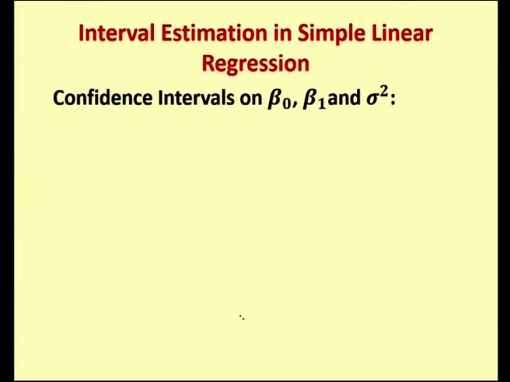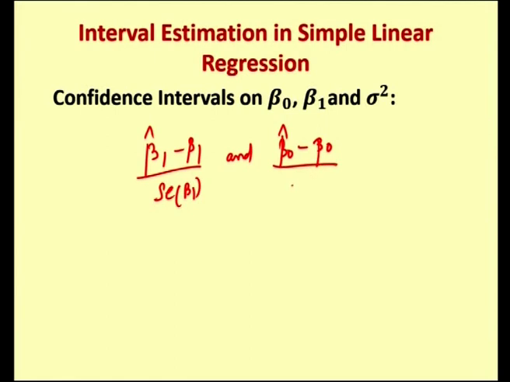So, the sampling distribution of both beta 1 cap minus beta 1 divided by standard error of beta 1, and beta naught cap minus beta naught divided by standard error of beta naught, is the t distribution with n minus 2 degrees of freedom.